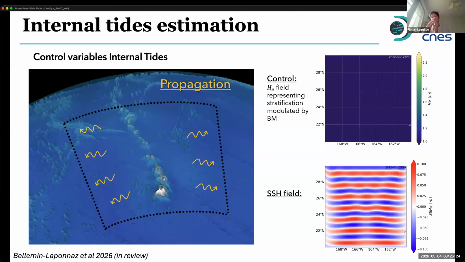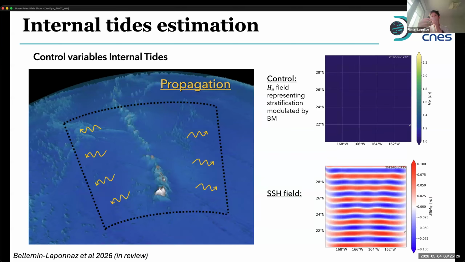It's really a physical phenomenon: when you have an anomaly of density or stratification, then you have a modulation of the wavelength. So this stands for the interaction between balanced motion and the internal tide field. All these parameters are controlled by the data assimilation, even if they are not directly observed, they are controlled thanks to the weak constraint.